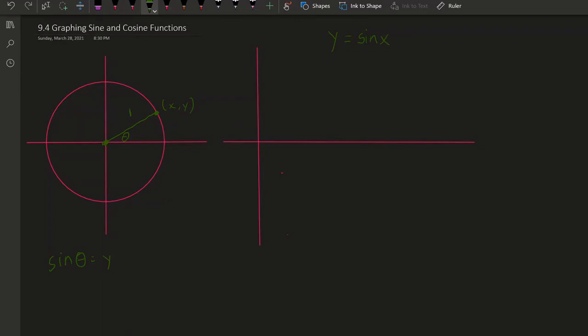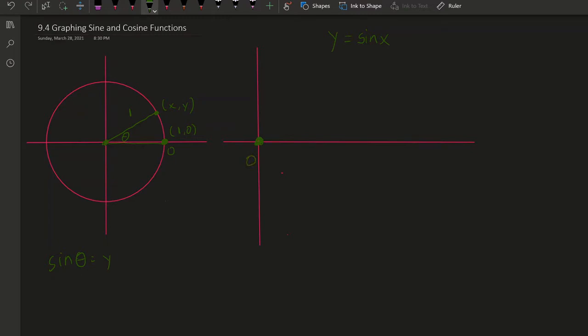So for y equals sine x, starting right here, this would be a 0-degree angle. So at 0 degrees, when theta is 0, this point right here would be x is 1 and y is 0. So when theta is 0 degrees, the sine of theta would be 0. So we start off with this point 0, 0.